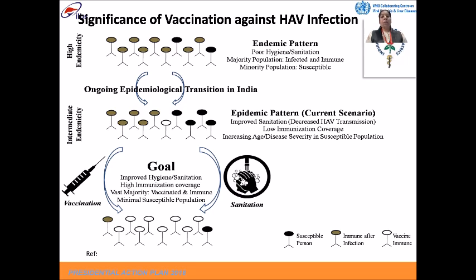If you see this epidemic pattern nowadays, with improved hygiene and sanitation, high immunization coverage and vast vaccination drives, there is a large susceptible population because they are not exposed to the virus. Hence it is very important for them to get vaccinated against HAV infection.